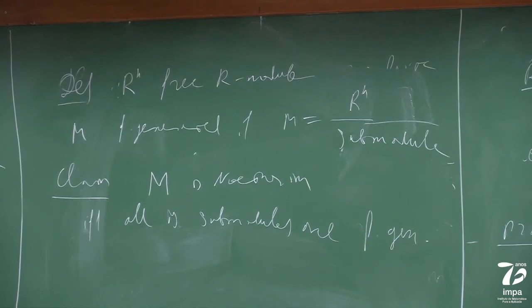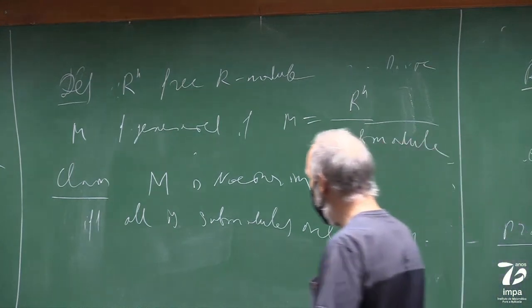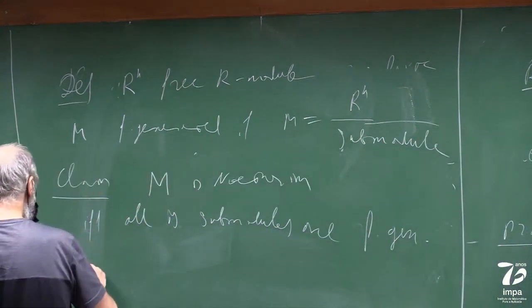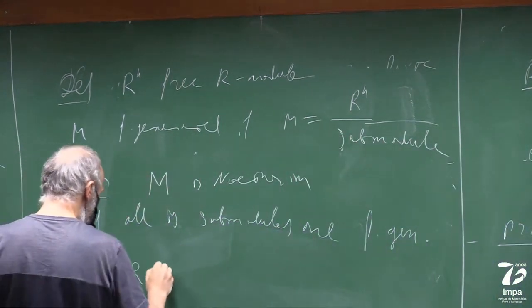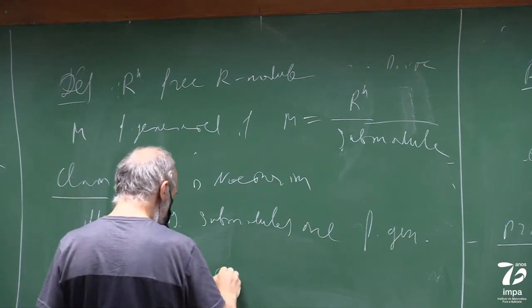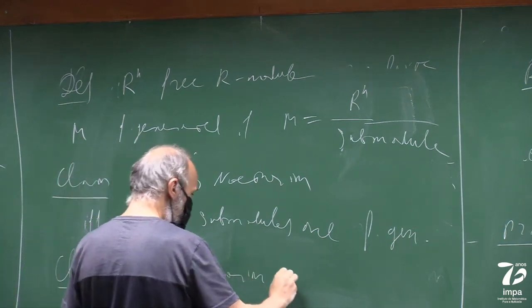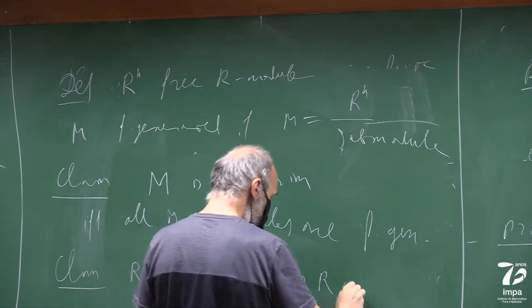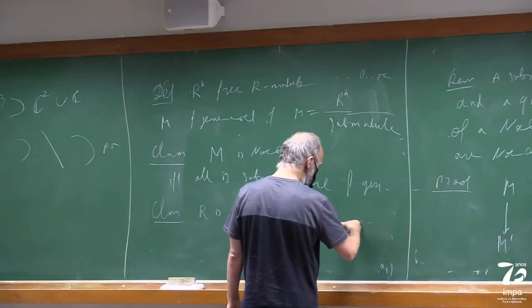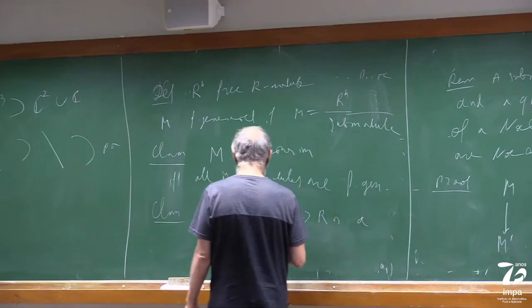Now, another observation, which is also trivial, is R is Noetherian if and only if R is a Noetherian module over itself.